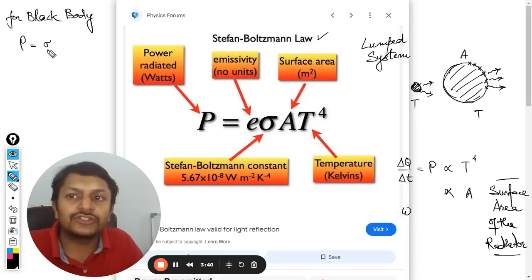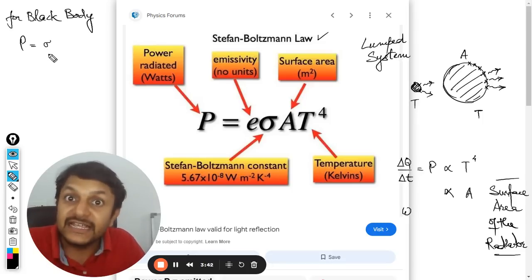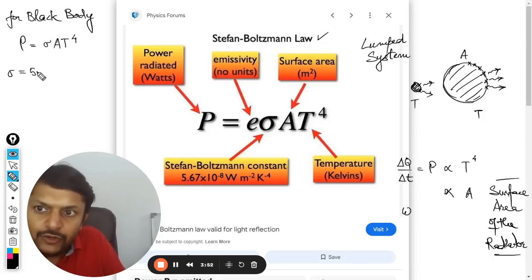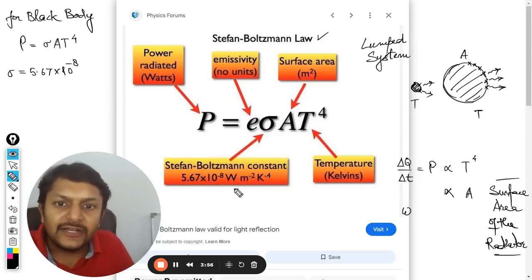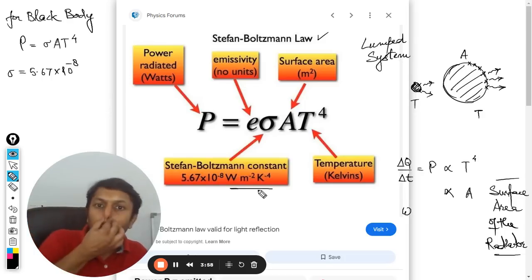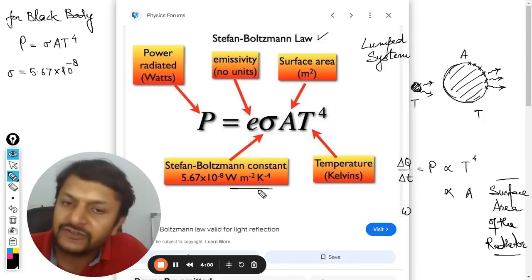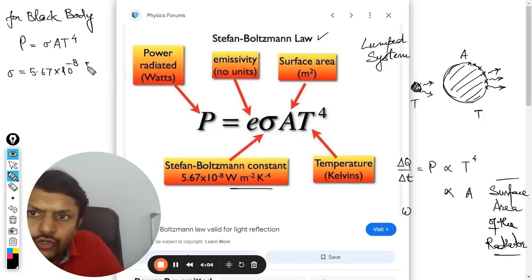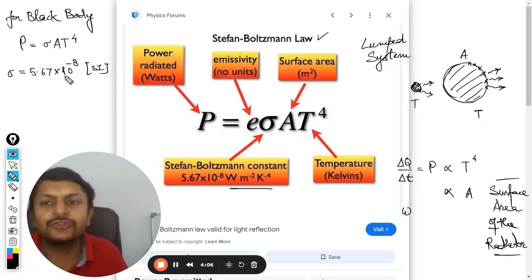So in this case the constant is not k, it is sigma, Greek letter sigma. So P is sigma A T raised to power 4, where sigma is called the Stefan Boltzmann constant, and the value is 5.67 times 10 raised to negative 8, and this is the unit. Anyways, watt per meter square Kelvin to the four, we don't care about this. So you can just write SI as the unit.